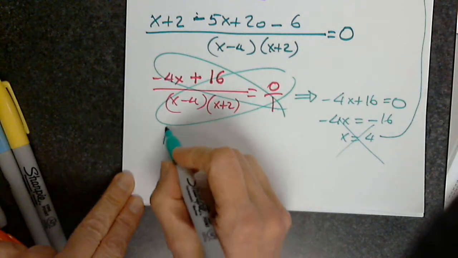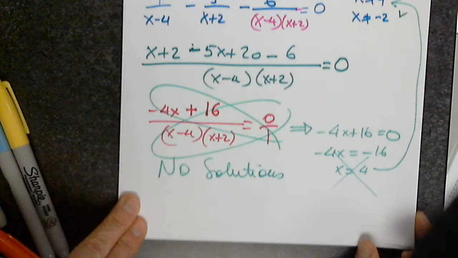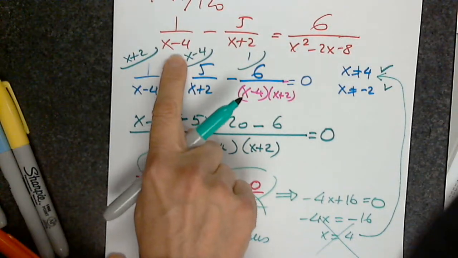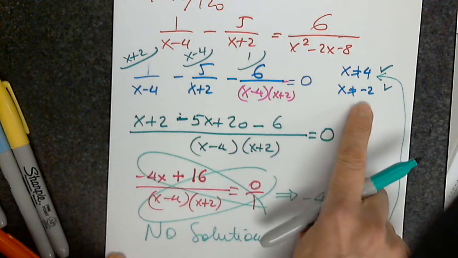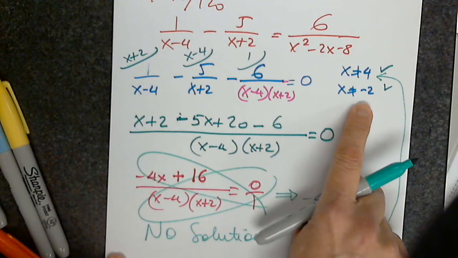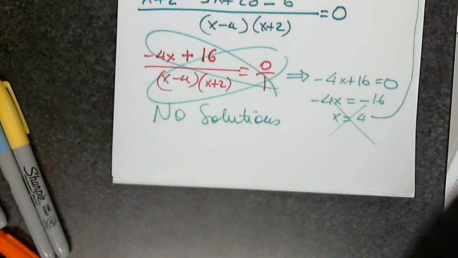How do you get the x to not equal? X minus 4 cannot be 0, which means x cannot be 4. X plus 2 cannot be 0, which means x cannot be negative 2. Is that okay? Yes. Perfect. Good. Anything else?